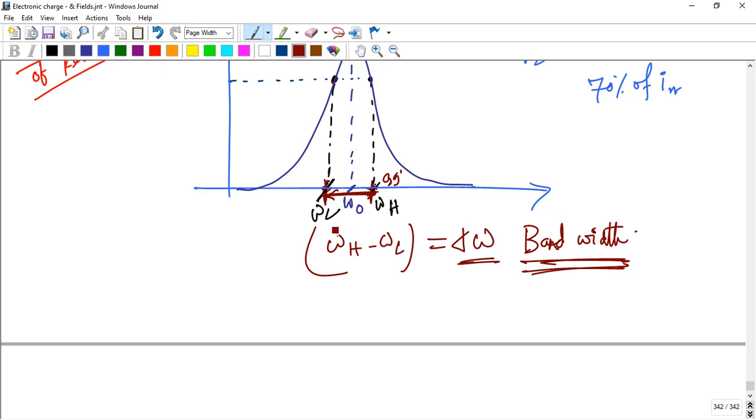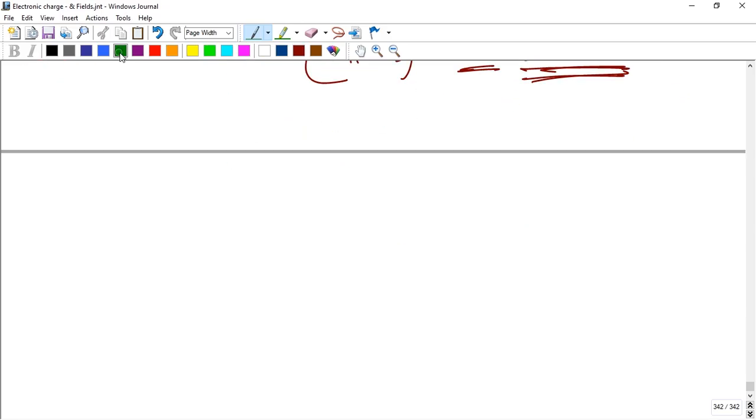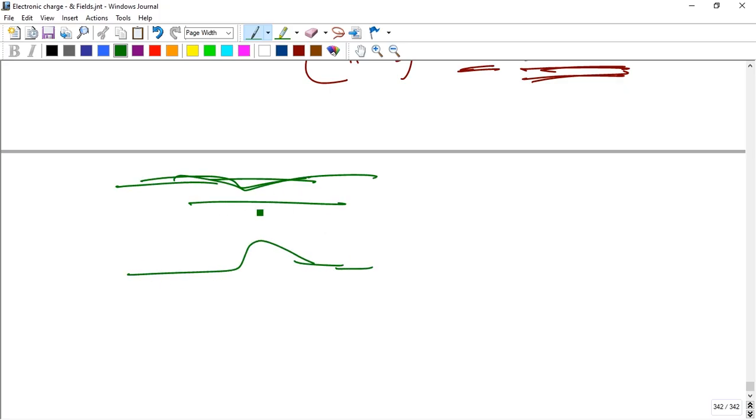If the bandwidth is very large, the maximum number of frequencies pass through. If the bandwidth is very small, very few frequencies pass through. Suppose it looks like this: for a broadband there is a wide frequency band, and signals pass very easily because it is called a broadband.